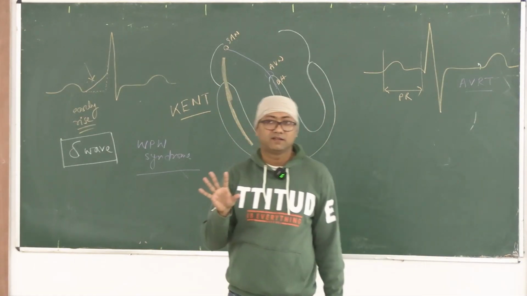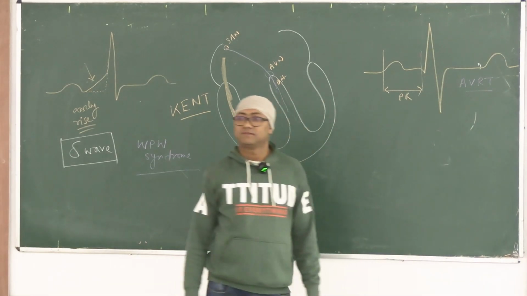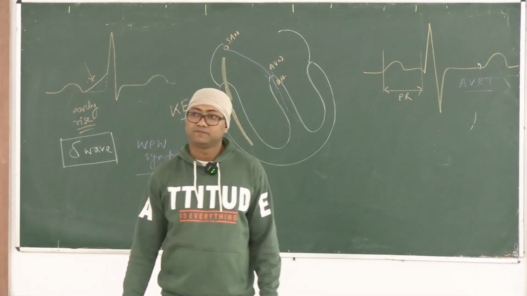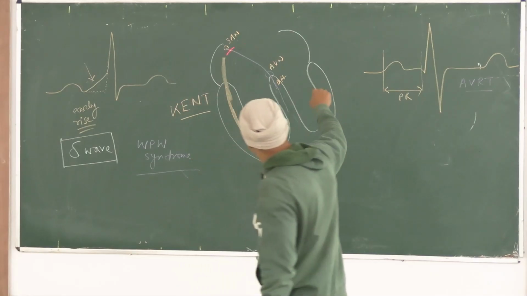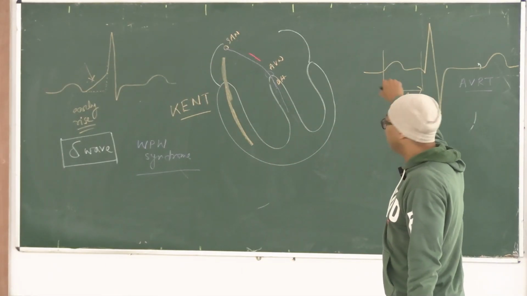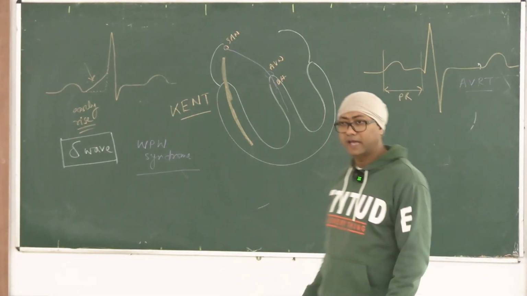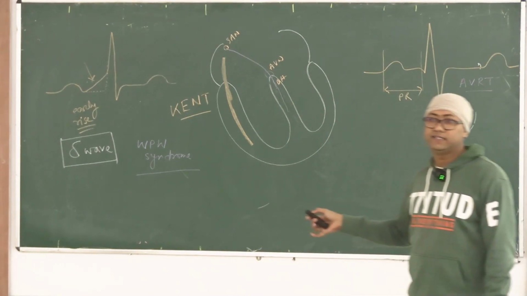That will make AVRT, right? Right. So it is a big circular pathway, right? Covering whole atria and ventricle. It is usually common in the left side, but may happen in the right side as well, right?